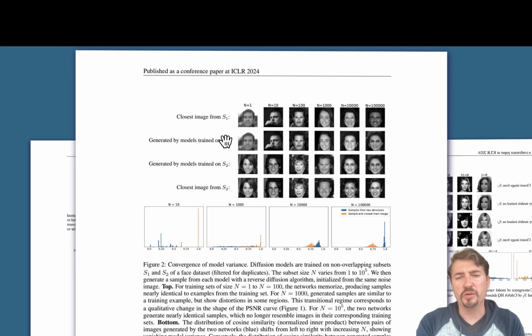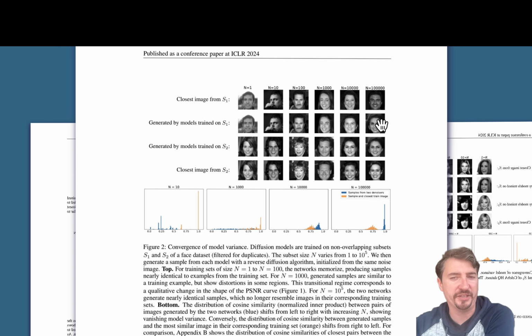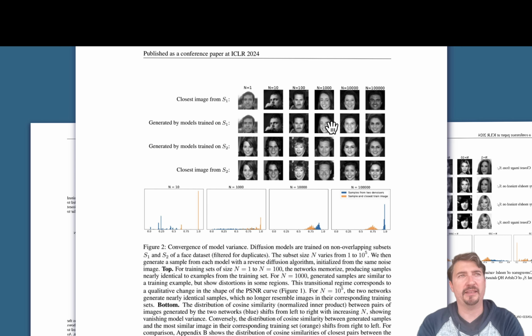Okay, so they've got data increasing from left to right, and they've got two different data sets essentially, right? And when you have small data, if you look at the comparison between the closest image to the one that was generated by the model, they're pretty similar. And then you start to see differences as more and more data is used. Now, more data is the more realistic situation, right? Obviously, that's more real world.